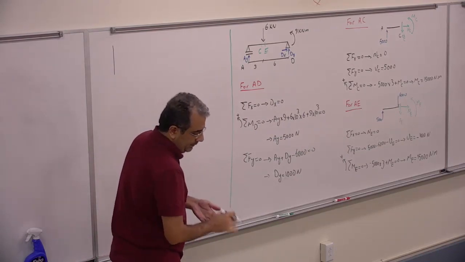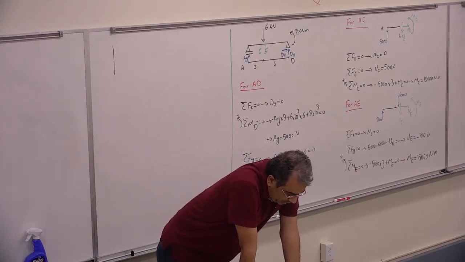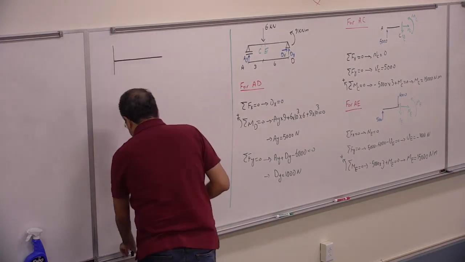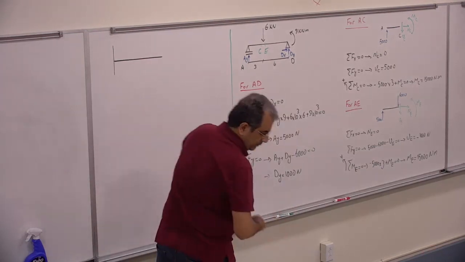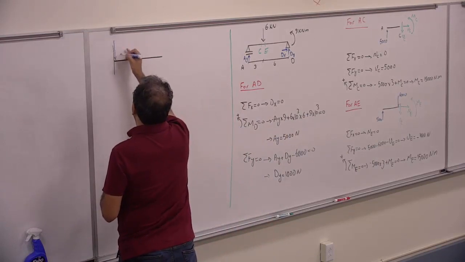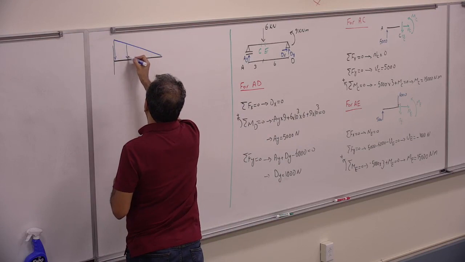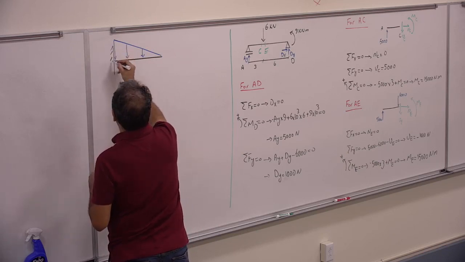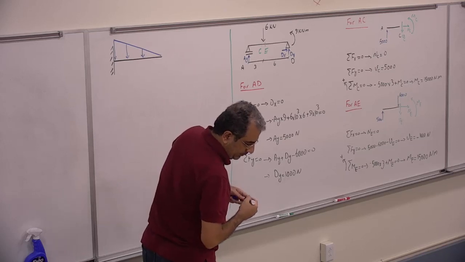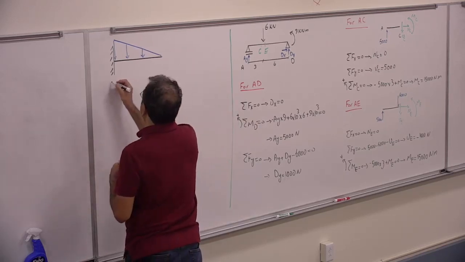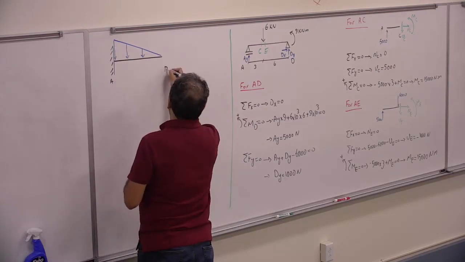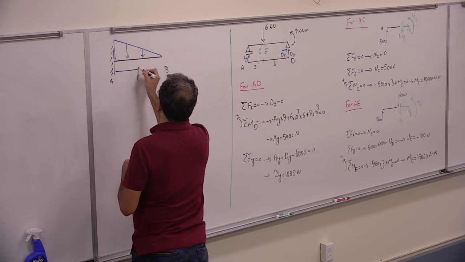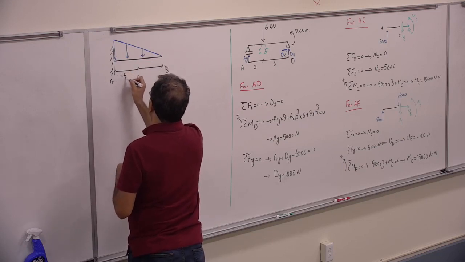Next example, as we have, let's see. Okay, so I have a beam like that, and there's the external force, one on that. A, C, A, one point five meters.